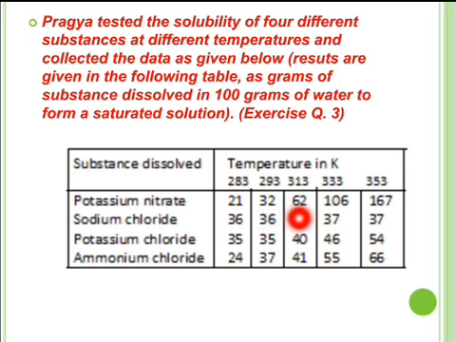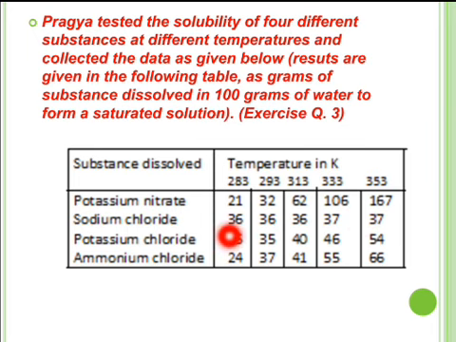And further, if the temperature is increased to 313 Kelvin, at this time 62 grams of potassium nitrate can be dissolved in 100 grams of water. Likewise, when the temperature is increased to 333 Kelvin, 106 grams of potassium nitrate as solute can be dissolved in 100 grams of water, and if the temperature is increased to 353 Kelvin, 167 grams of potassium nitrate can be dissolved in 100 grams of water.